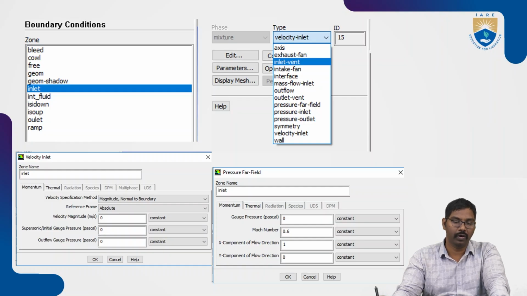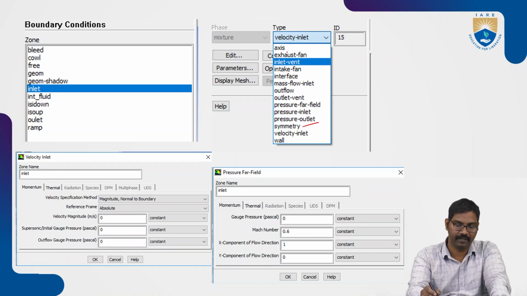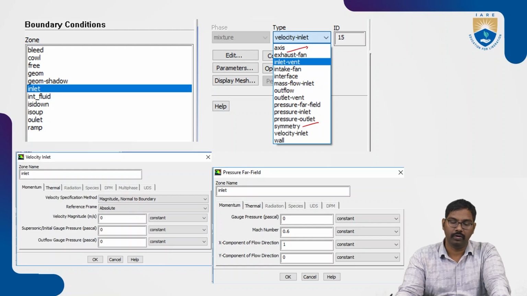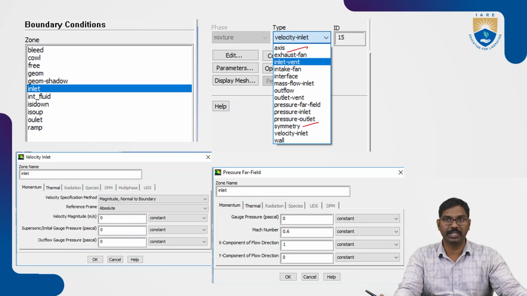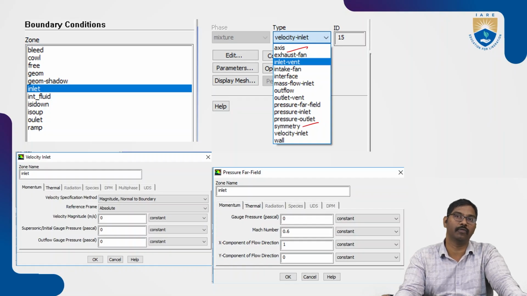Similarly, if you have some symmetry problem, you can define that boundary as symmetry. If you have some axisymmetric problem, then you can define a particular boundary as axis. If you have a wall, it can be a no slip wall, or for an imaginary wall you can give it as a free slip wall.